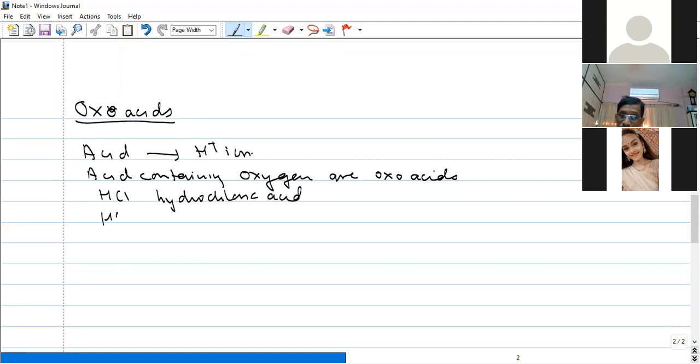But we can get HOCl, hypochlorous acid. Here there is an oxygen. Sulfuric acid is also an oxoacid because it contains oxygen along with H. So we are going to see different types of oxoacids of sulfur, group 16 and group 17.